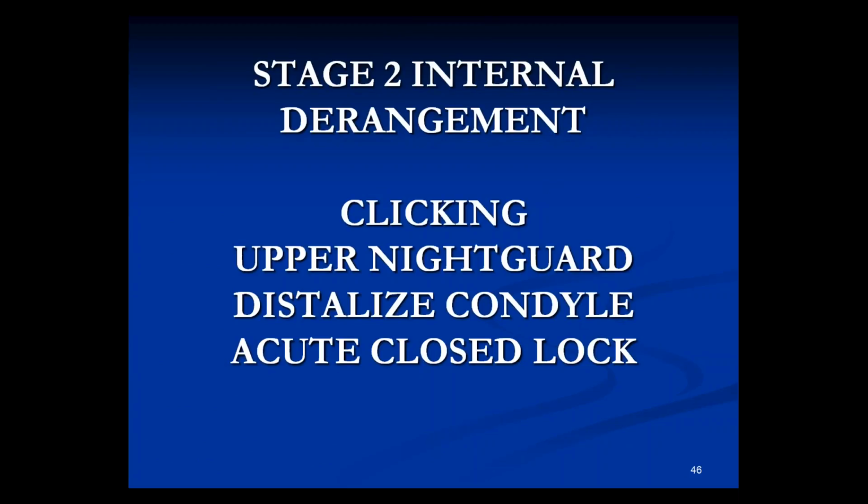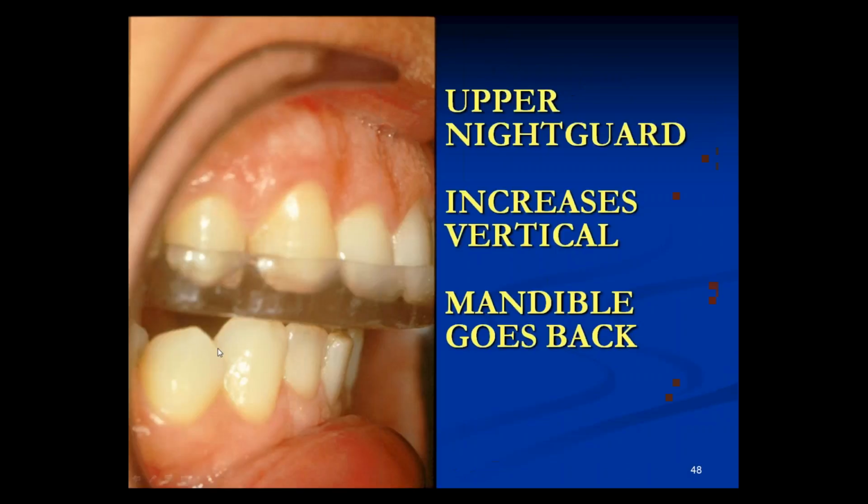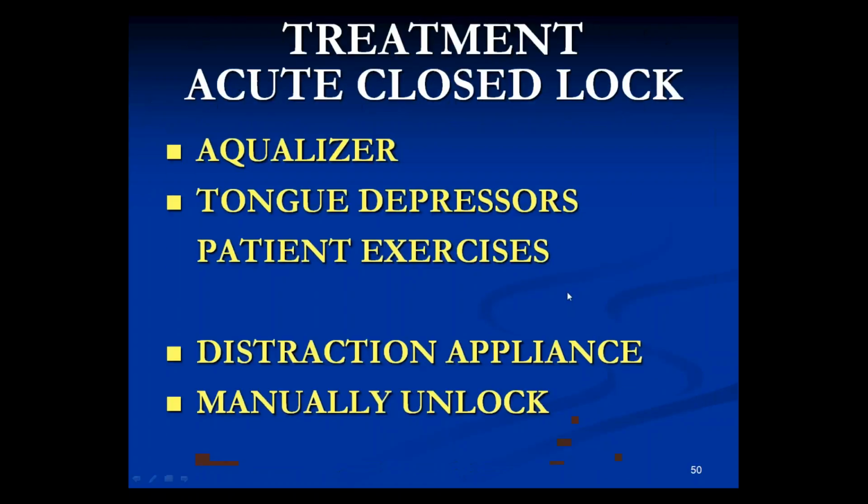Patients who click get an upper night guard, distalize the condyle, and they get an acute closed lock. Not good. So that's the upper night guard I don't like. And I was so pleased that you all got that right. The upper night guard is bad news for TMJ because it causes the condyle to go too far back.